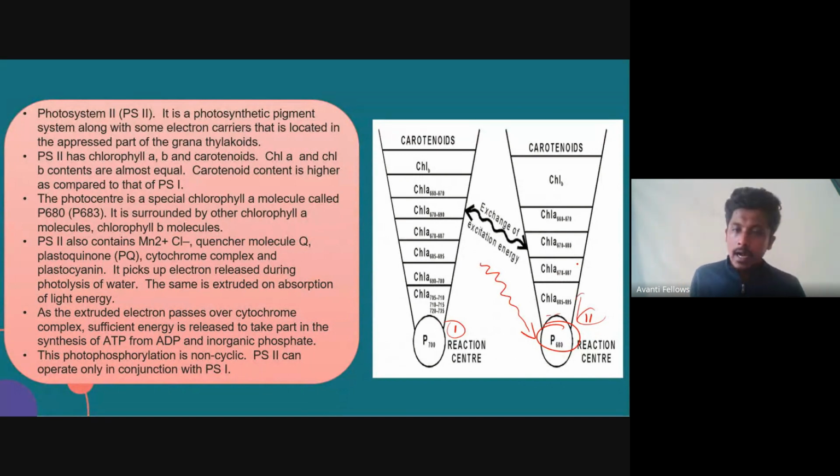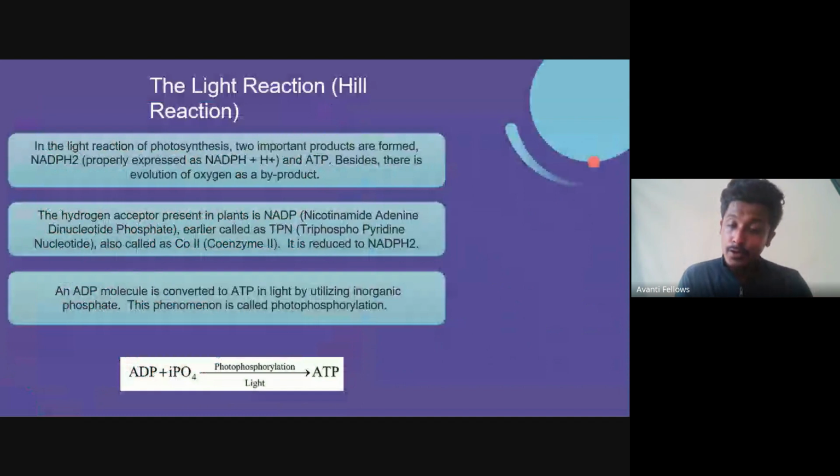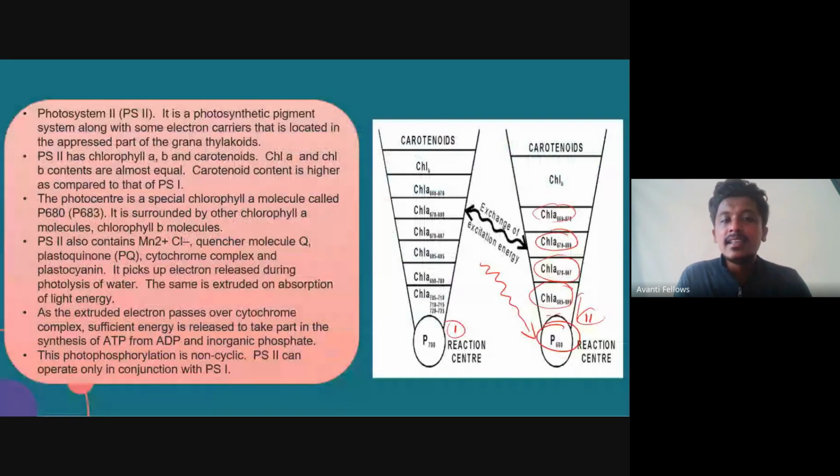Once they go into the higher orbitals, these electrons are picked up by several electron transporters, or electron acceptors. These electron acceptors carry the excited electrons down the gradient.